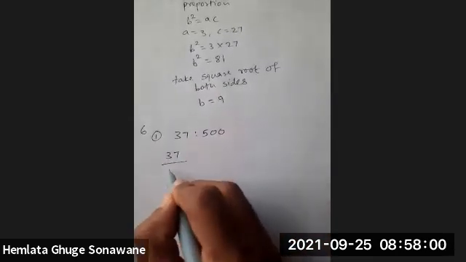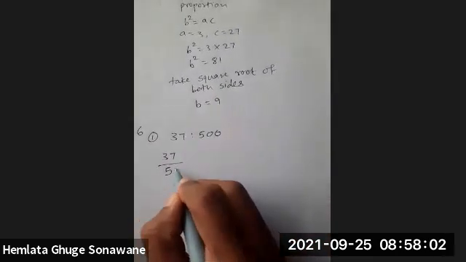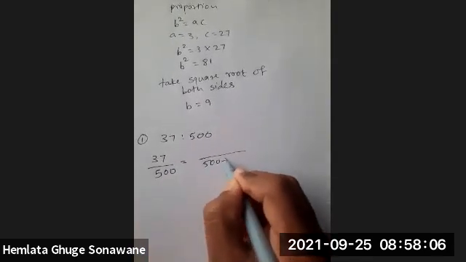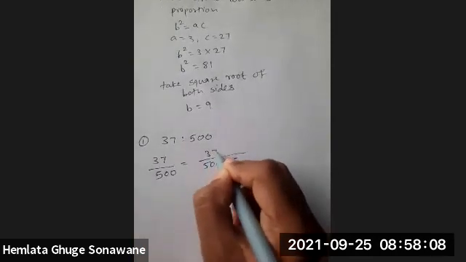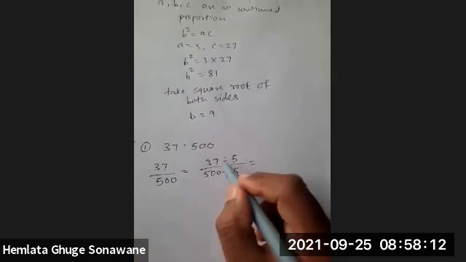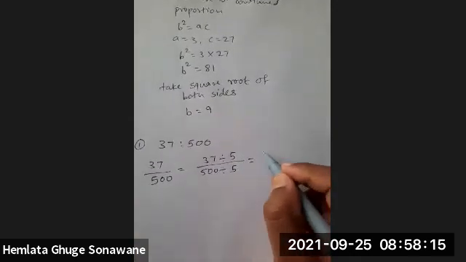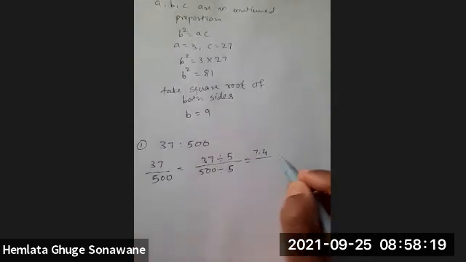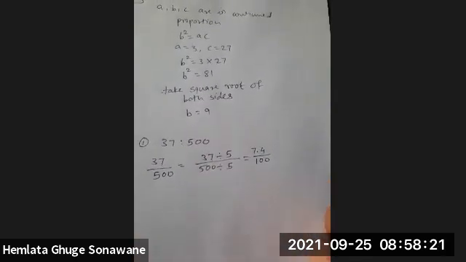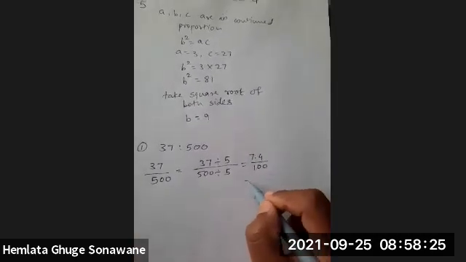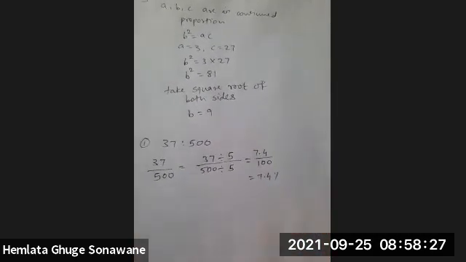So we'll divide 37 by 5. 500 divided by 5 and 37 divided by 5. 37 divided by 5 becomes 7.4 and 500 divided by 5 becomes 100. So that is 7.4%.